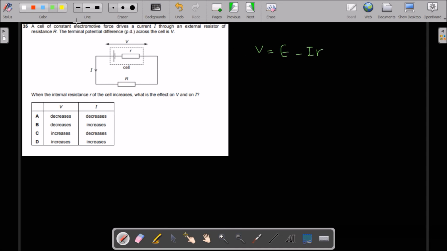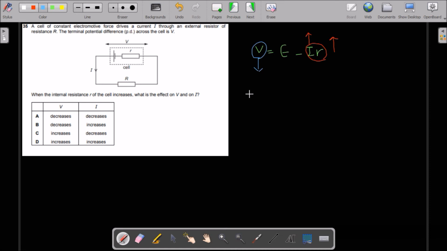If you increase r, if you increase I, Ir also increases. When Ir increases, V will decrease, because of the negative sign, because of the minus. If Ir increases, V decreases. That's why you must choose A or B.